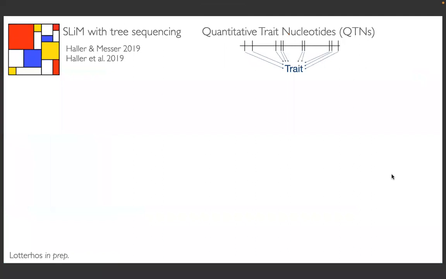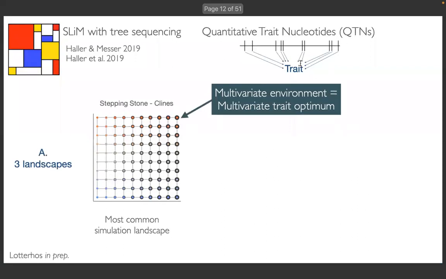And so to address these issues, I developed some genome scale simulations with 21 linkage groups. And on half of these linkage groups, quantitative trait nucleotides, or QTNs, could evolve that have effects on traits. Those traits were adapting to a multivariate optimum on the landscape that was determined by this multivariate environment.